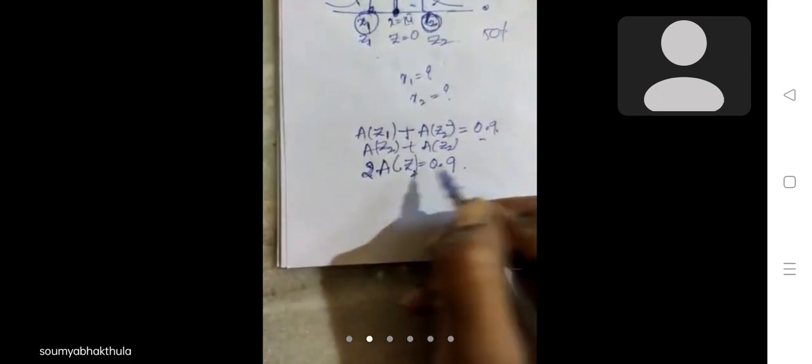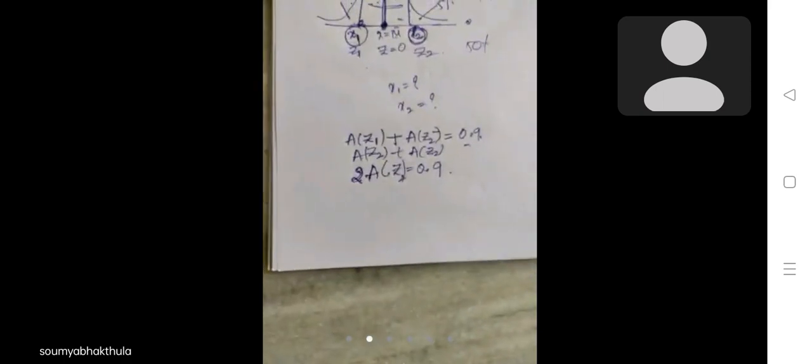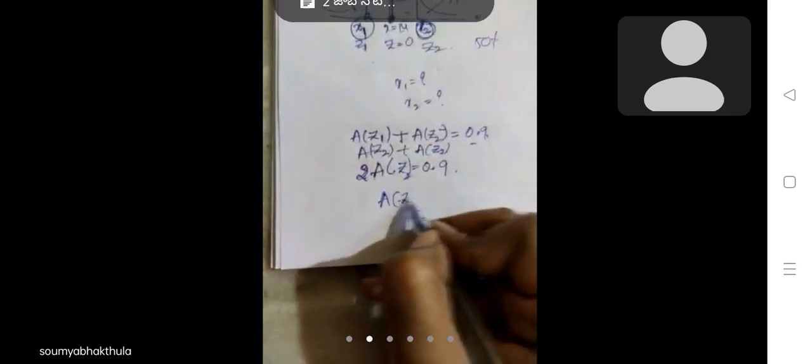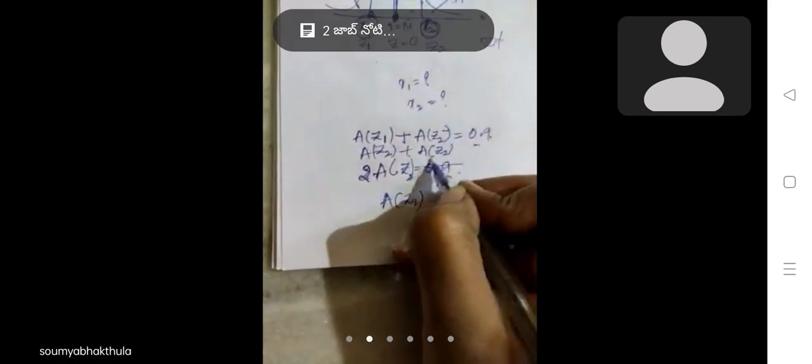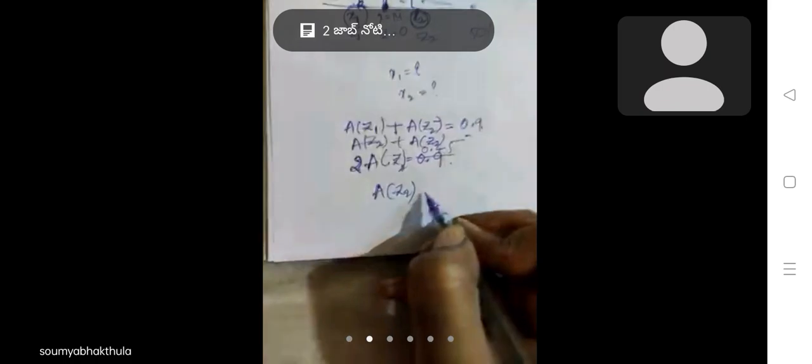So 2 times area of z2 equals 0.9. So area of z2 is 0.45. We got the area here, not z2.